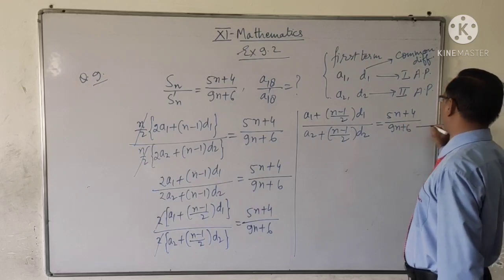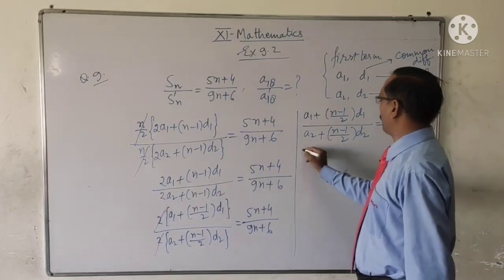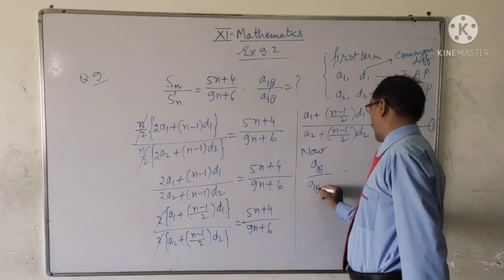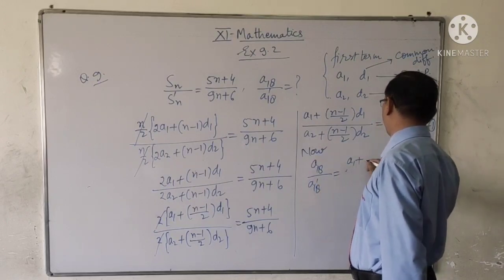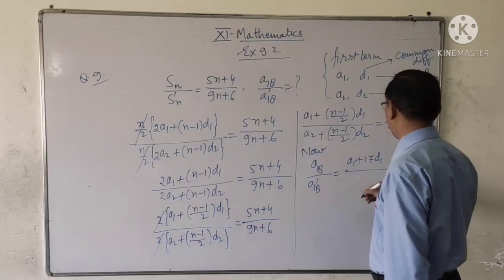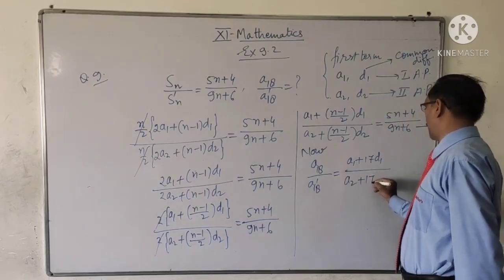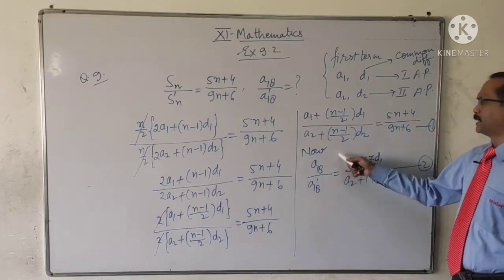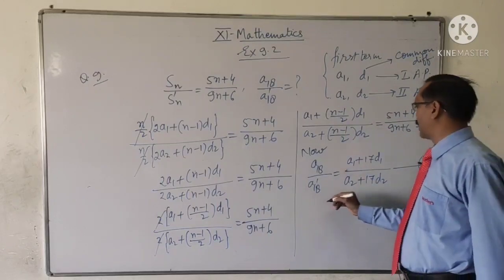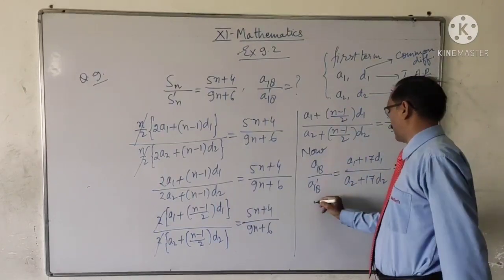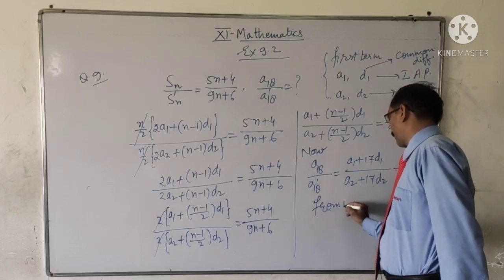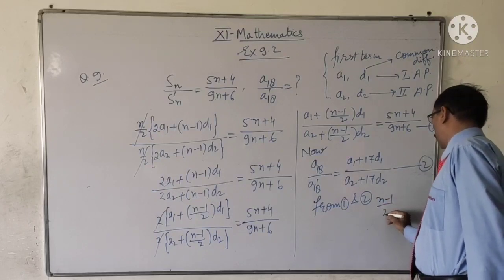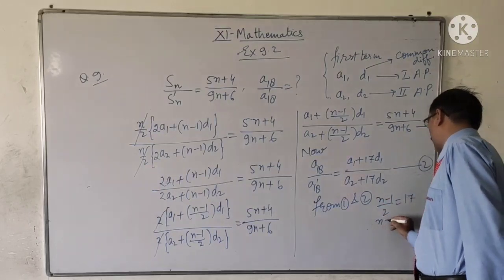Let this be equation 1. Now A18 upon A18 dash equal to A1 plus 17 D1 upon A2 plus 17 D2. It is equation 2. Students, if we compare these two equations, from 1 and 2 we get (n minus 1) by 2 equal to 17, and n equal to 35.